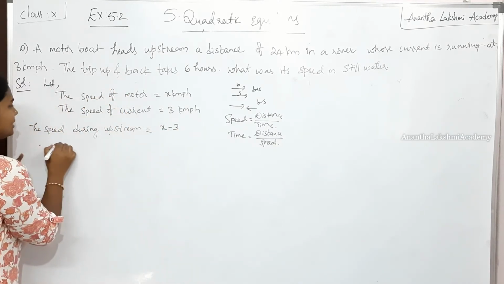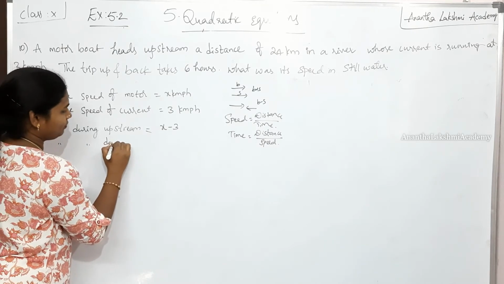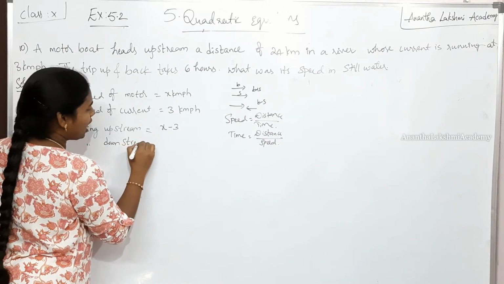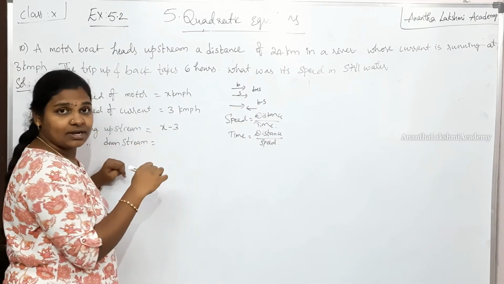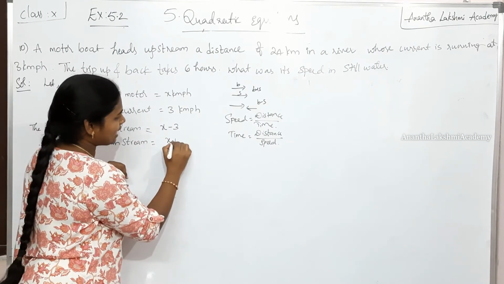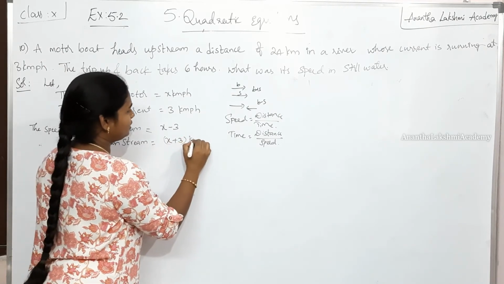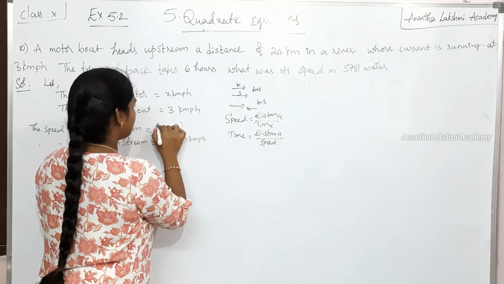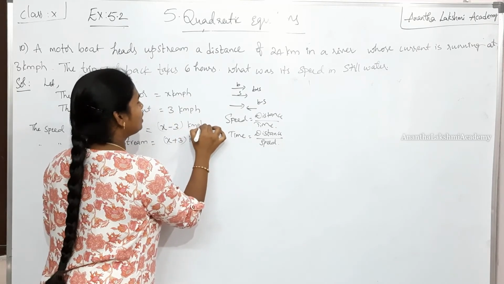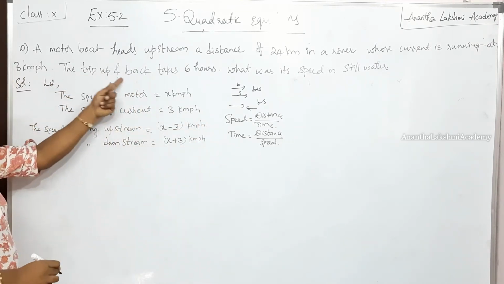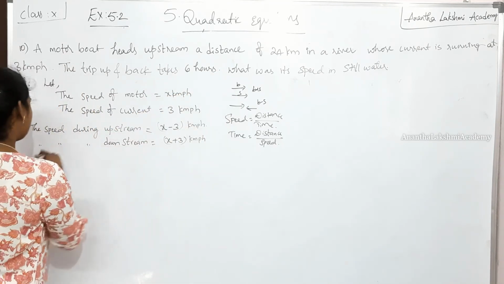Next, the speed during downstream, wherein the boat and the stream are traveling in the same direction, which is x plus 3 kilometers per hour. These are nothing but the speeds. Now what is given? The trip up and back takes 6 hours.